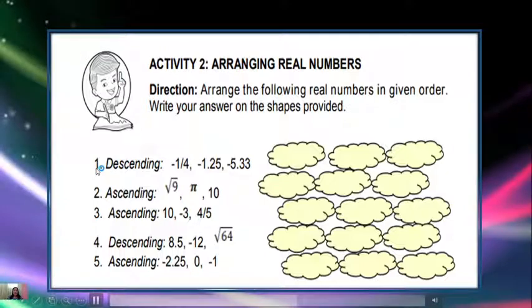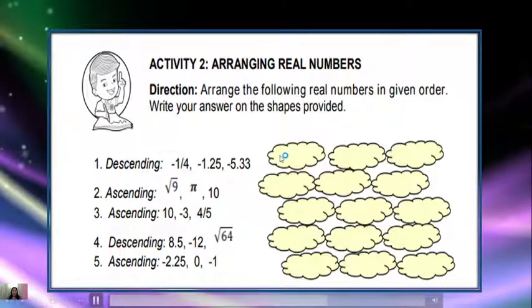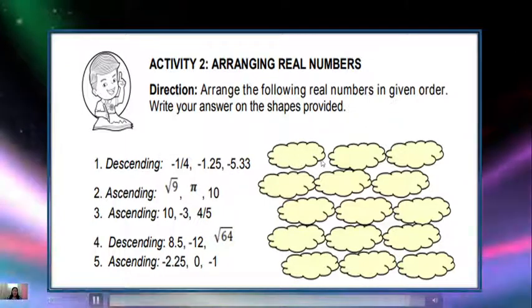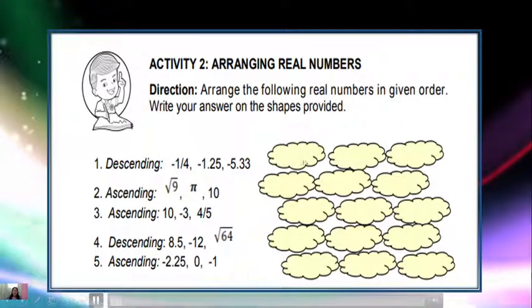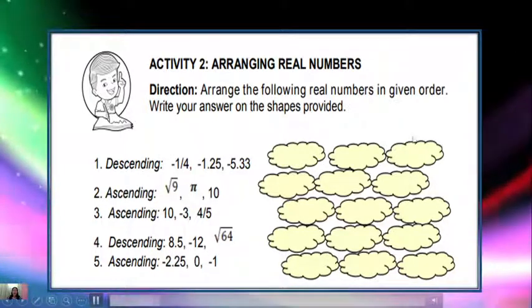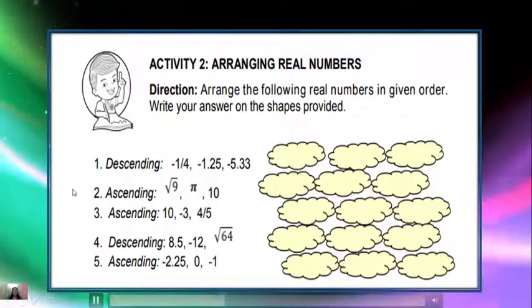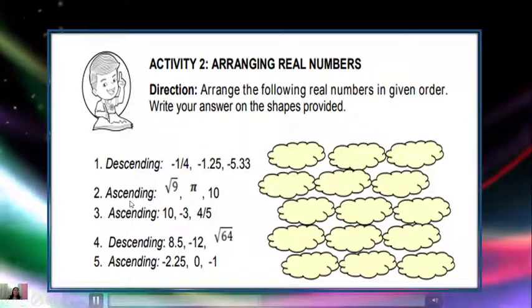So, ano ilalagay natin dito sa cloud? Siyempre, laging mauna yung highest pag descending, and then ang pinakahuli is the smallest number. Ganon pag descending.